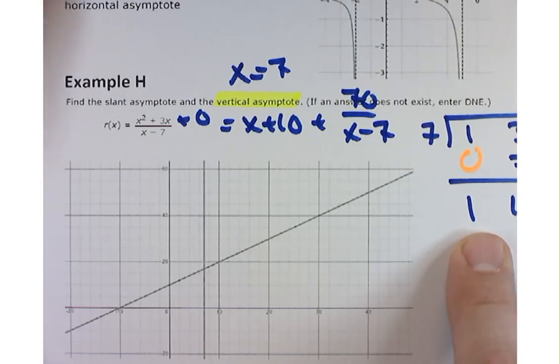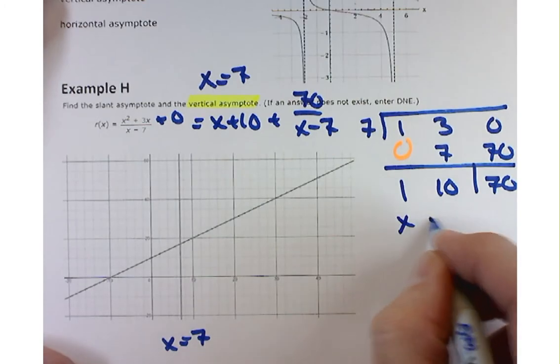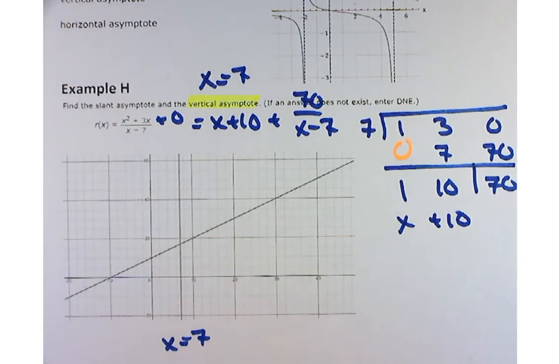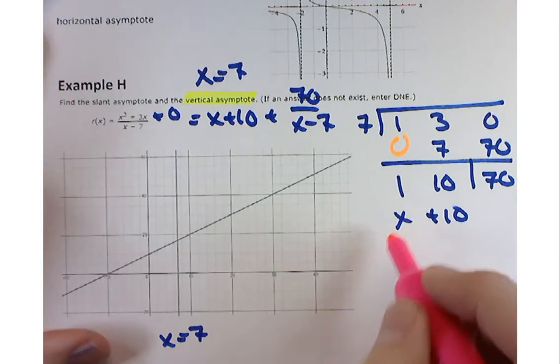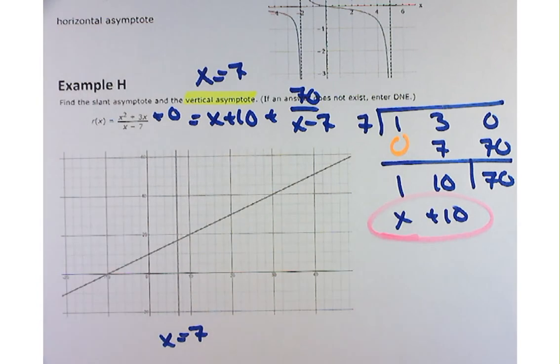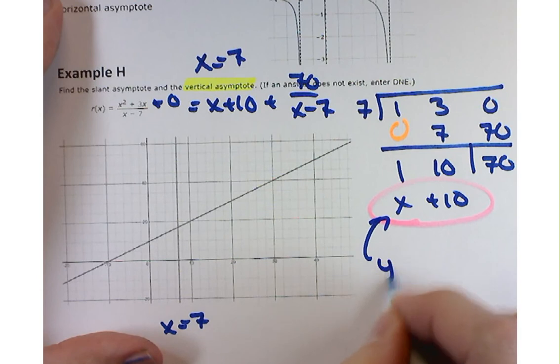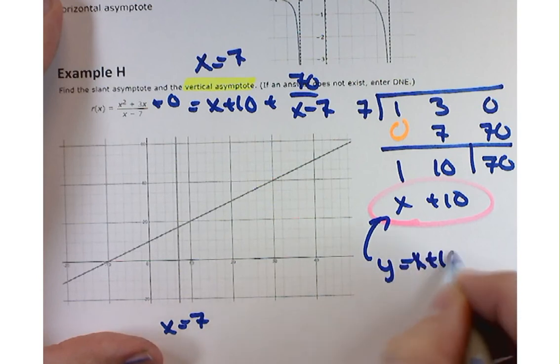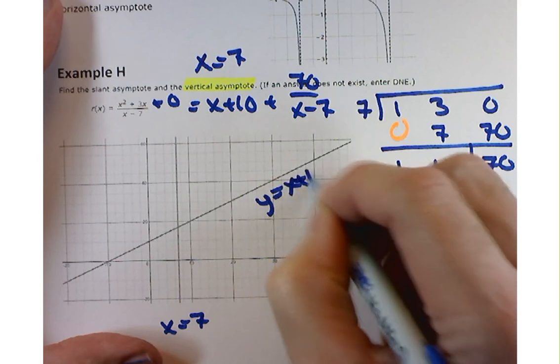This is your x plus 10. That's the quotient. And then this is the remainder. We don't need the remainder. Y equals x plus 10. That's your equation of your oblique asymptote, or your slant asymptote. And that goes in right here. Y equals x plus 10.